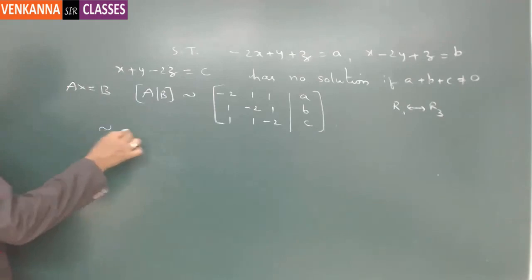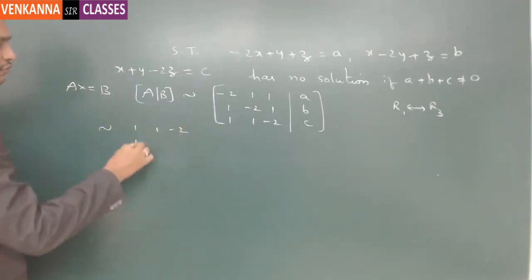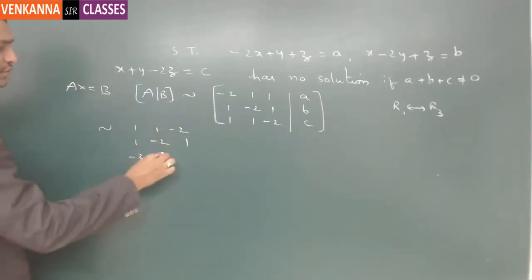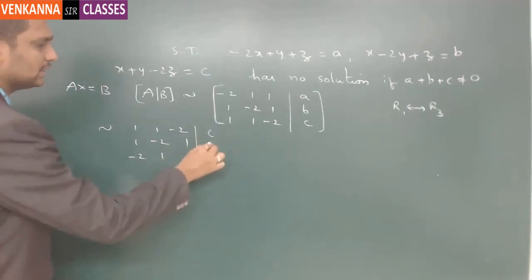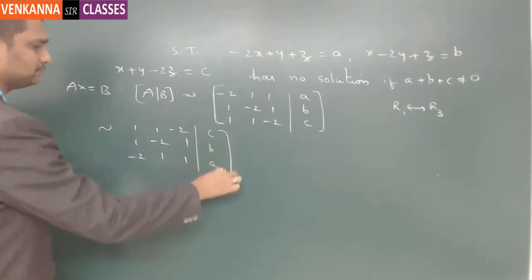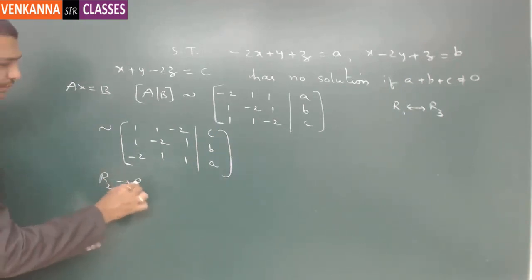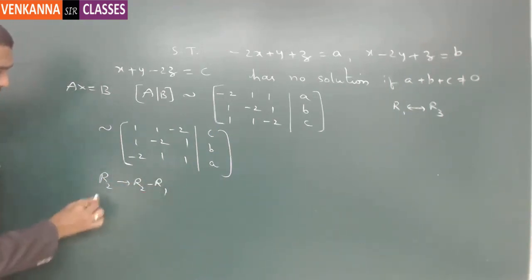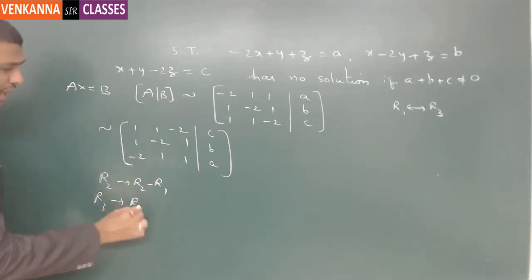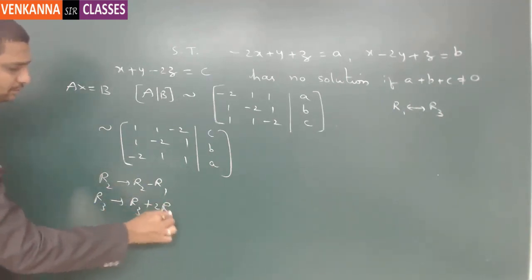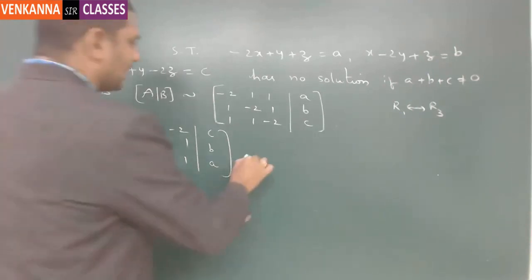Then it is equivalent to 1, 1, minus 2; 1, minus 2, 1; minus 2, 1, 1 with C, B, A. Any kind of interchange we can do. Now, in order to get the echelon form, we apply the operations R2 tends to R2 minus R1 and R3 tends to R3 plus 2R1.